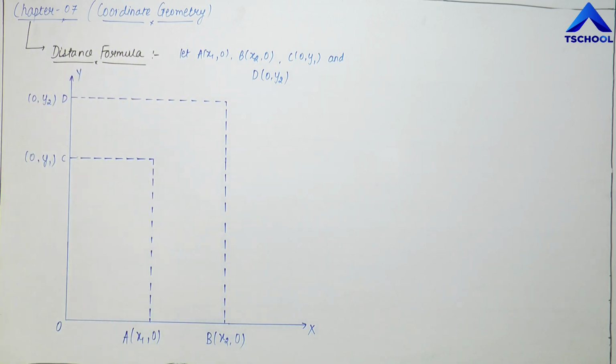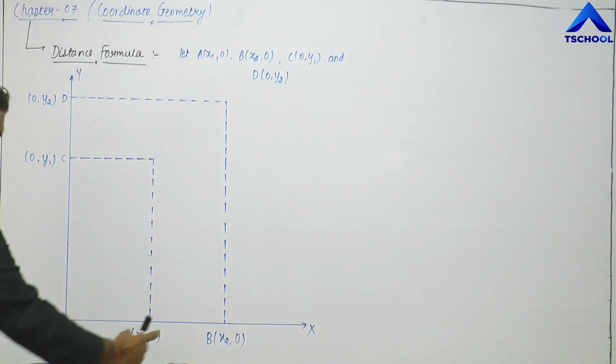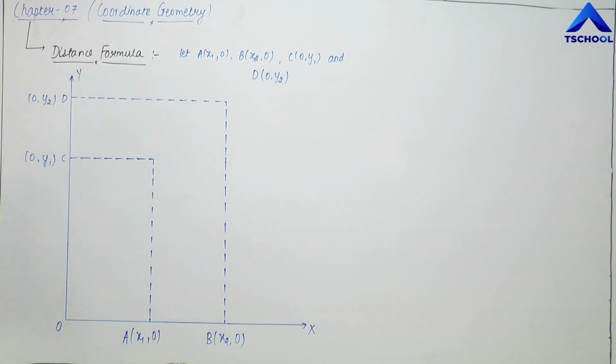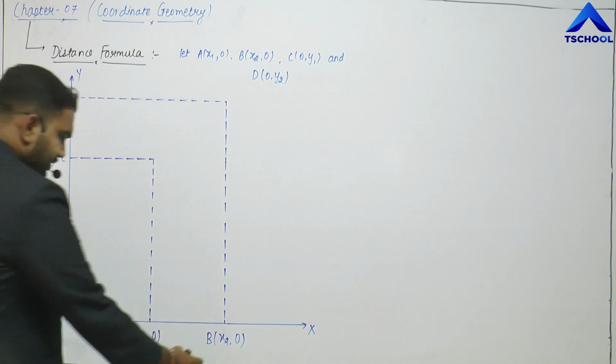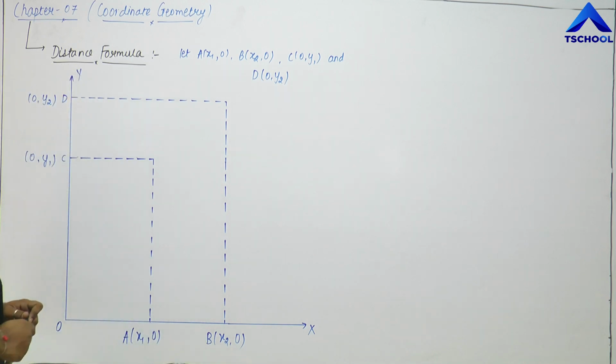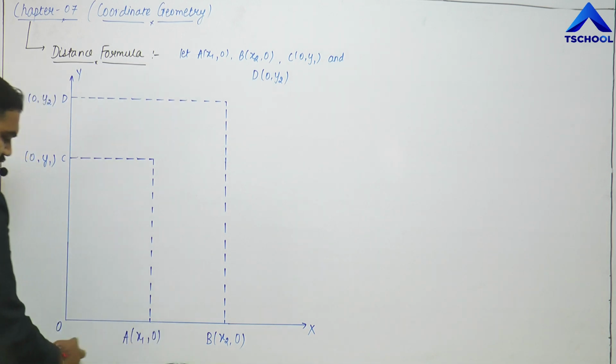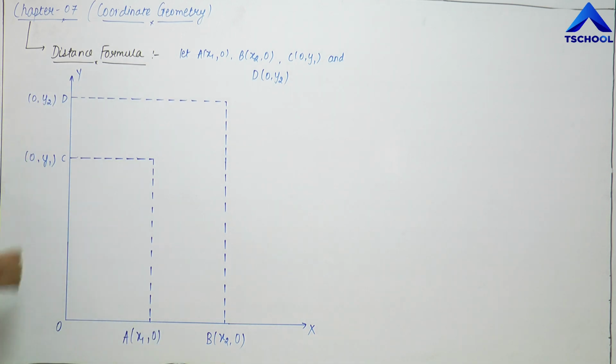We shall take these 2 points on the x-axis and 2 points on the y-axis here. Now friends, I would like to add one more thing: what is the distance from 0 to B, 0 to A, 0 to C and 0 to D?